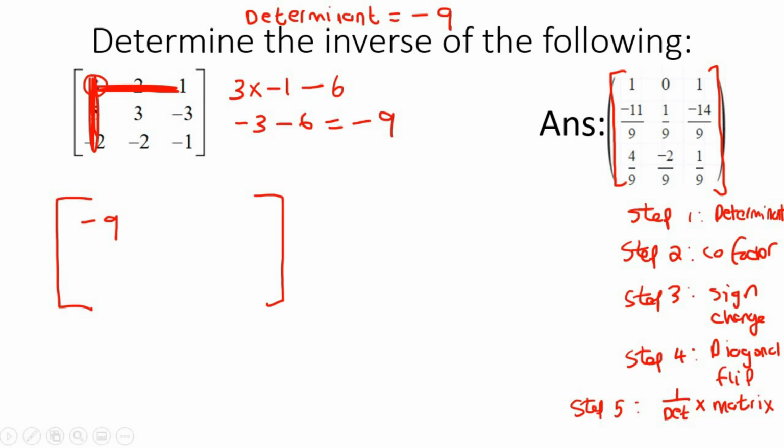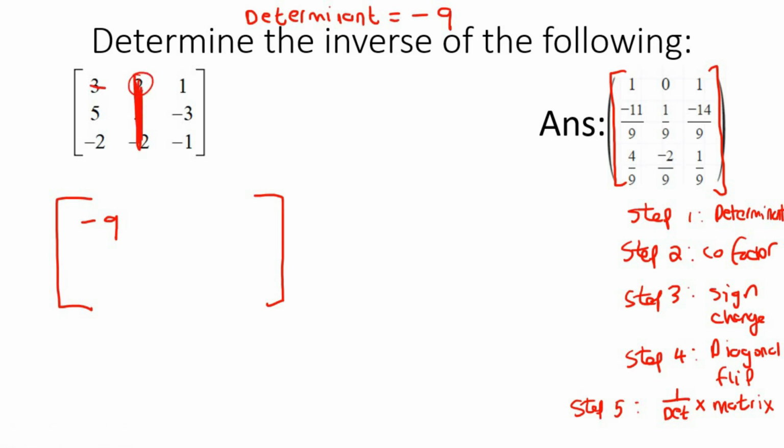And now you just have to go do that with every single part of this thing. So the next one would be here, for example. So we put a line. And so now it's going to be 5. So now we're doing the determinant of the numbers that are left over. So it's 5 multiplied by -1. And then we'll say minus.